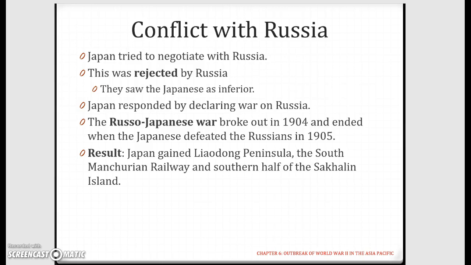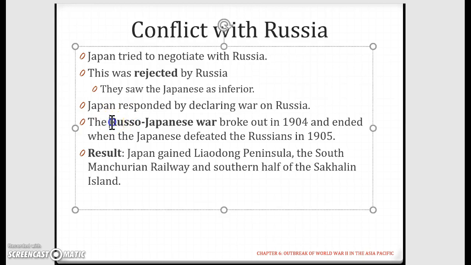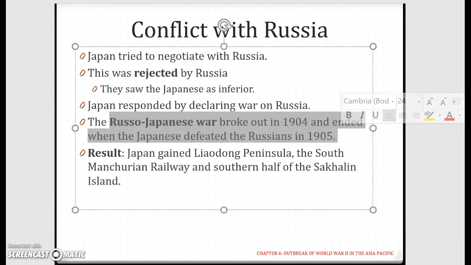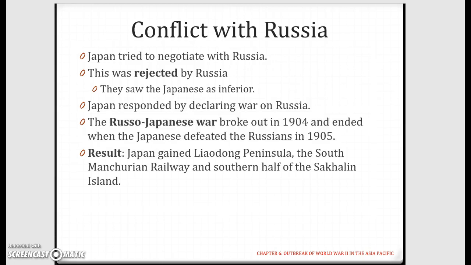So they tried to negotiate with Russia because of this conflict of interest, rejected by Russia, and they decided to declare war. Now, this is significant because this is the first time that a European country fought an Asian country and lost. That's the first time in history ever where a European country lost to an Asian country.